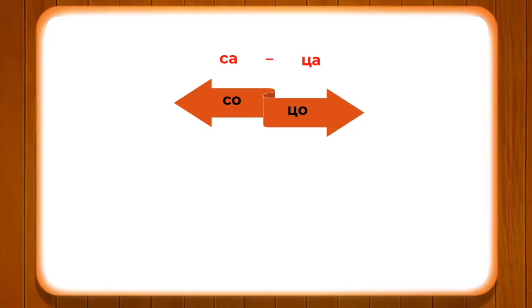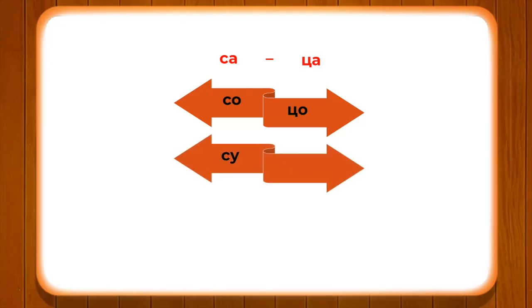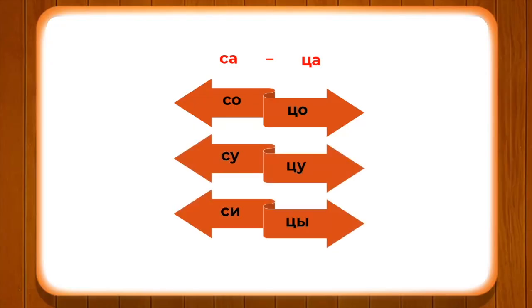Sa, sa, so, so, su, su, si, si. However, it might look very similar, but there is a very slight difference whenever we are pronouncing S and S. So let us pay attention once again to the sounds.